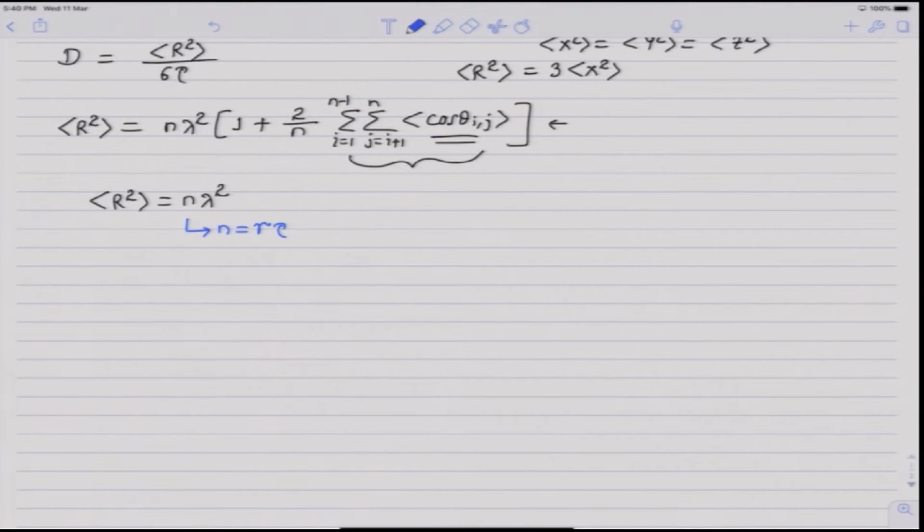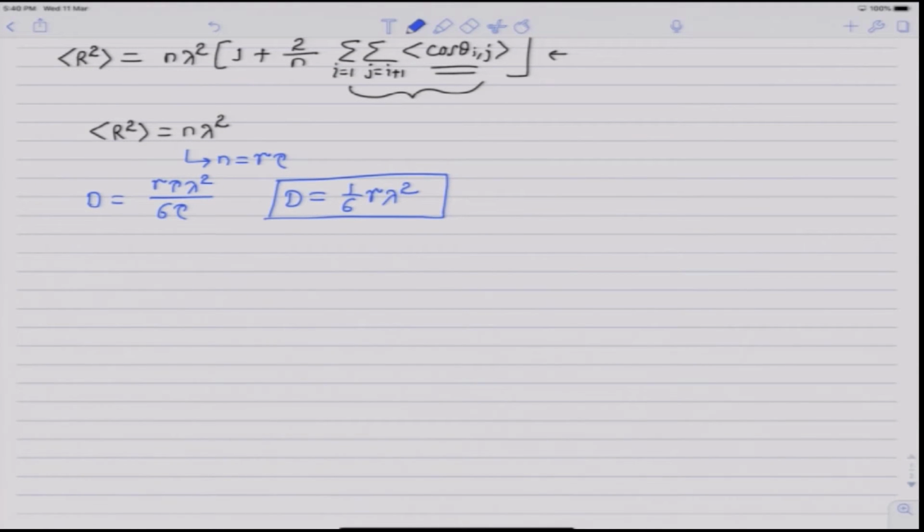If we substitute back in D, we get D is equal to gamma tau lambda square over 6 tau, or D is equal to 1/6 gamma lambda square. This is the equation that we had already derived using the simple atomic jump model a few classes back.